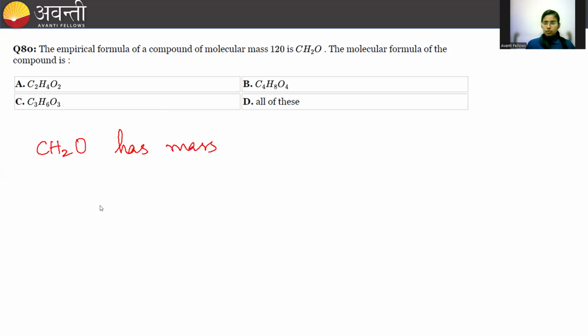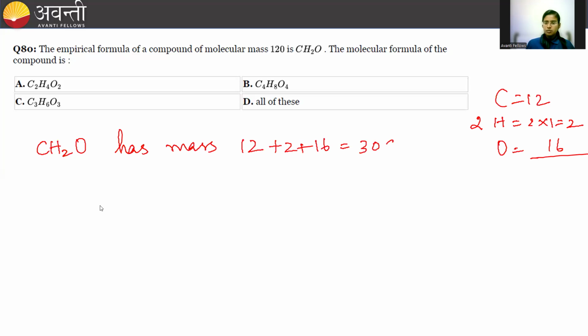Carbon atomic mass is 12. And for hydrogen, it is 1. Since we have 2 hydrogen, it is 2 into 1, so it will be equal to 2. And for oxygen, the atomic mass is 16. Now, if I add everything, like 12 plus 2 plus 16, I will get 30 grams.